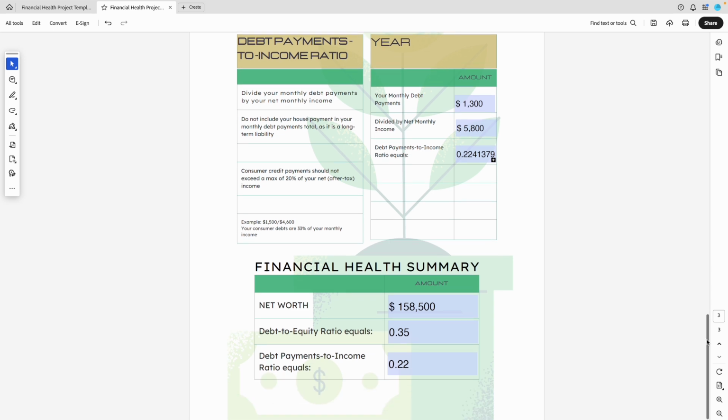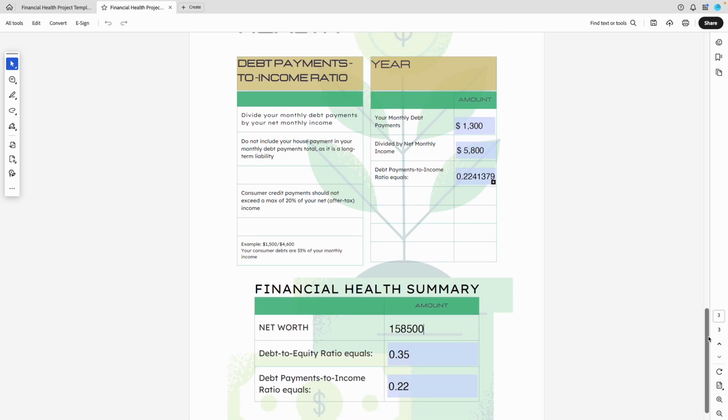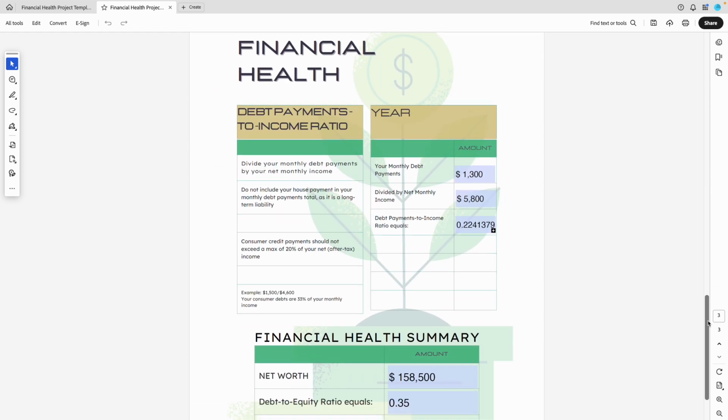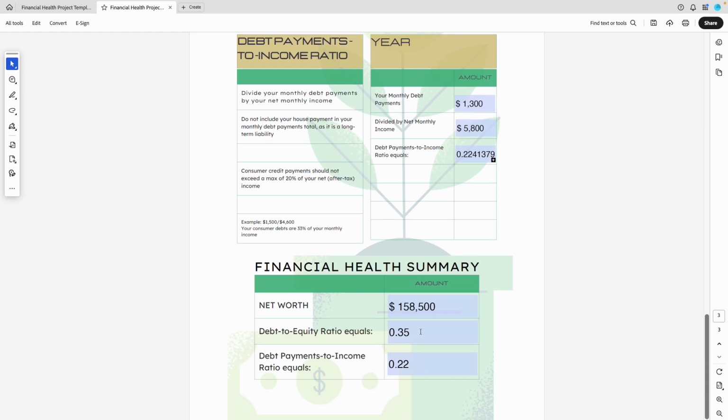So the little financial summary right in here, we have $158,000 worth of net worth. There we go, we found that out. We have 35% of our debt to equity, and then we have 22, rounded down on that, of our debt payments to income ratio.